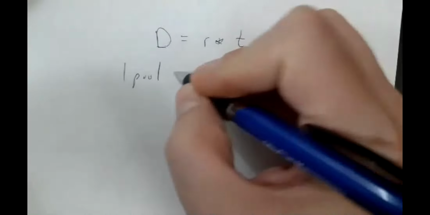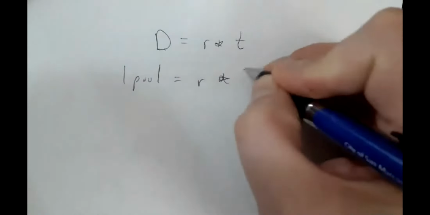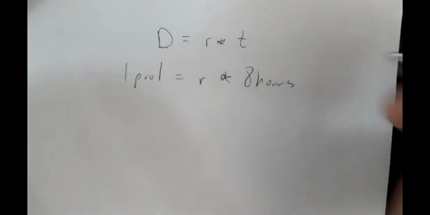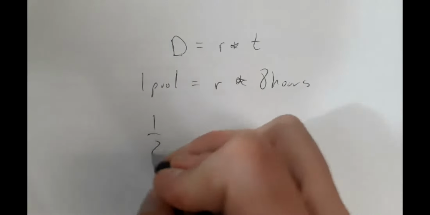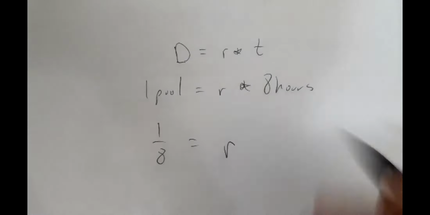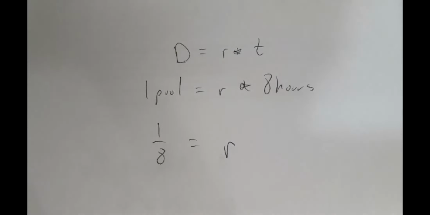Again, if we do one pool, if we want to know the rate that is draining the pool, what is the rate that is draining the pool? 1/8. It would be 1/8. So you have to be careful about what these rates are. I'll give you that much.